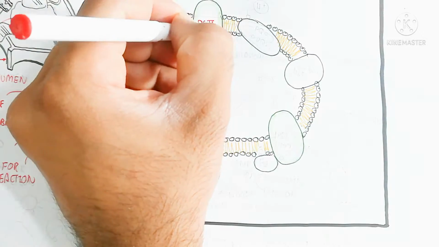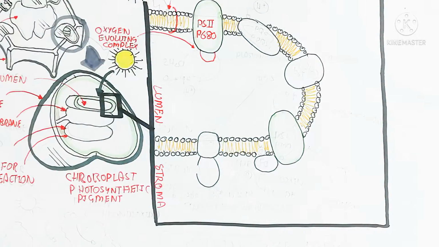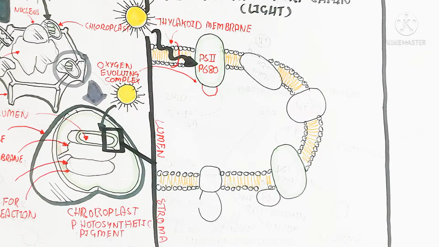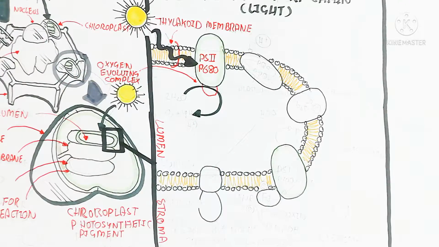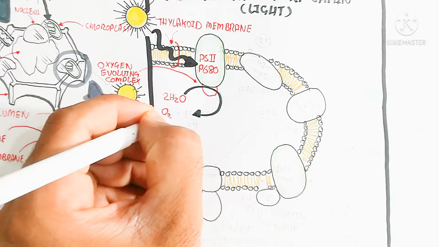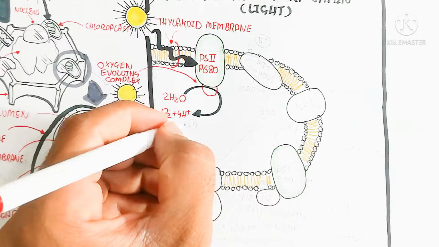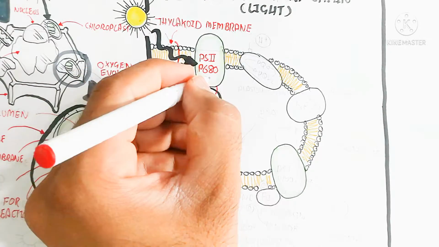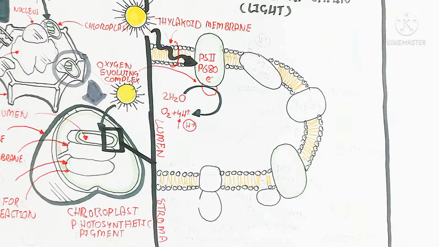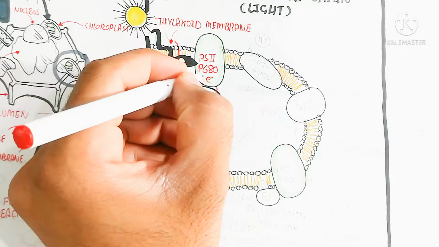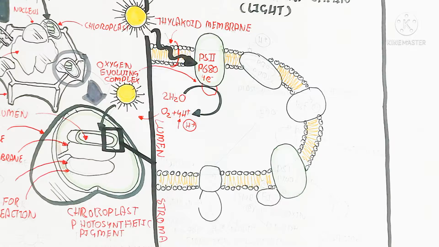The oxygen evolving complex means water undergoes photolysis to produce oxygen, protons, and electrons. Two molecules of water produce 1 molecule of oxygen, 4 protons and 4 electrons. But we will follow 1 electron transport for understanding.